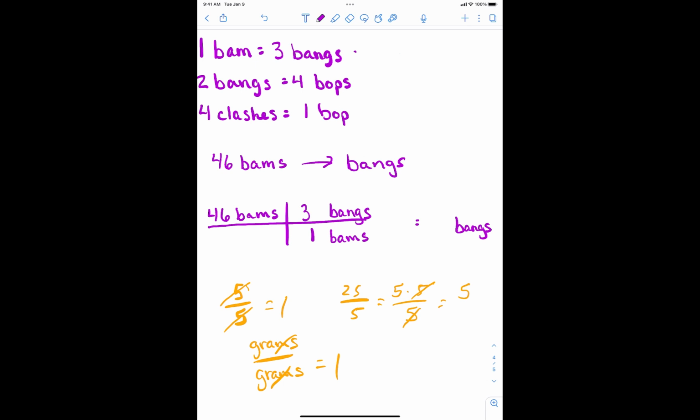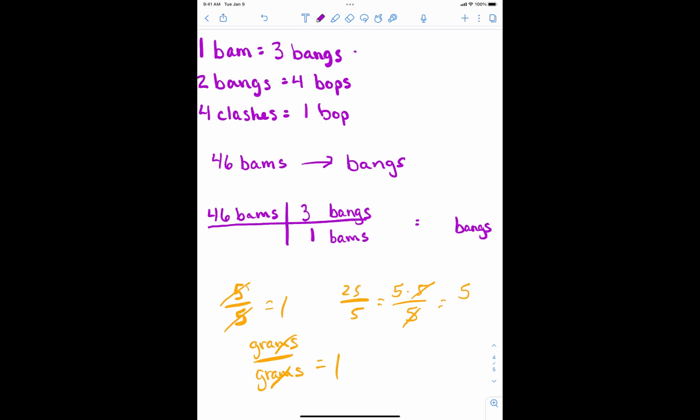math. And 46 times 3, of course I don't have a calculator. And of course I find a calculator and the battery is dead.